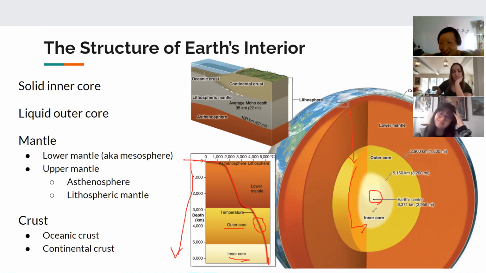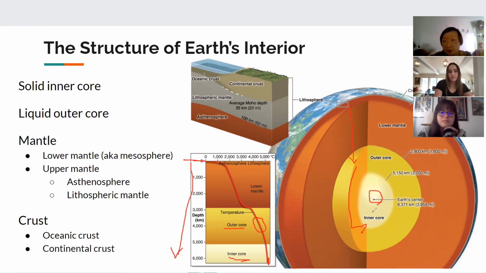Remember that molecular texture I showed you in the lecture? They're basically falling apart. But the pressure inside the inner core is able to hold those atoms and molecules together, so they don't melt. That increases the melting point of those materials. So that is why your inner core is solid, but in the outer core the pressure is not high enough.